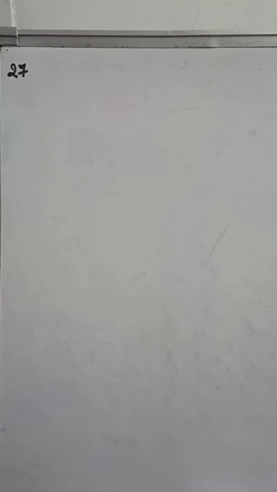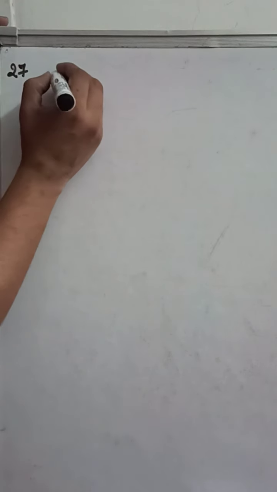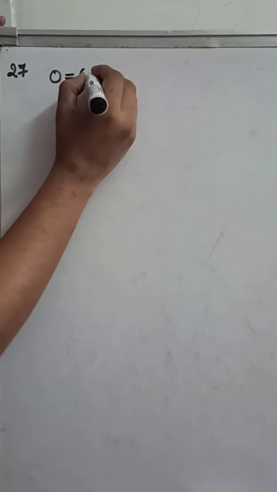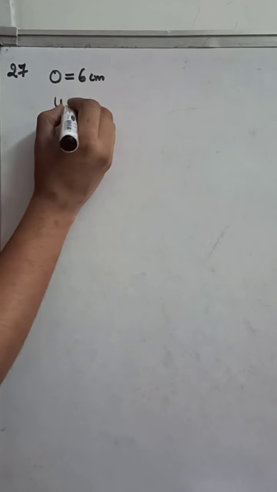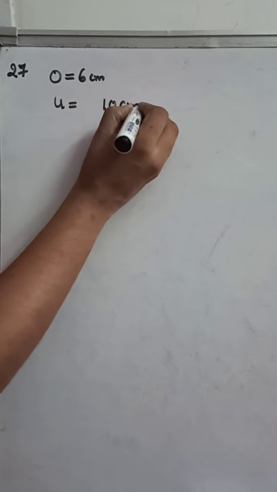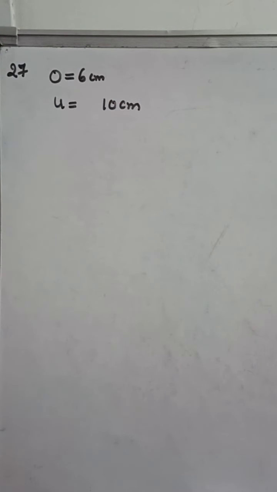Now numerical number 27. It says that an object of height 6 centimeter is placed at a distance of 10 centimeter, so u is given to us as 10 centimeter, from a convex mirror.